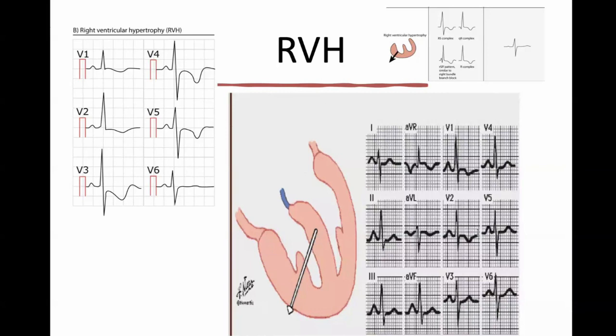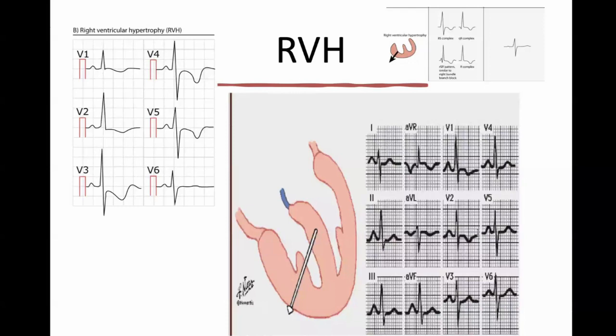Is the RS ratio in favor of right ventricular hypertrophy, so bigger R waves compared to S waves? Is there an RS ratio of more than 1 in V1 and V2? Is the RS ratio less than 1 in V6 after the age of 6 months?